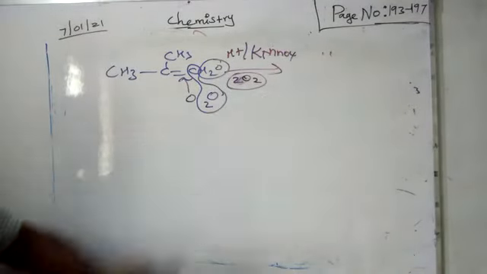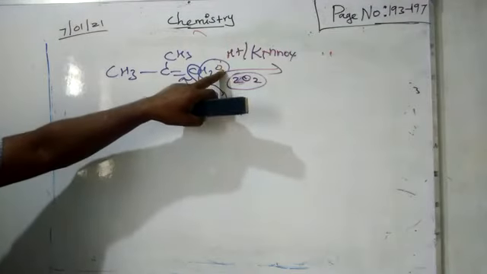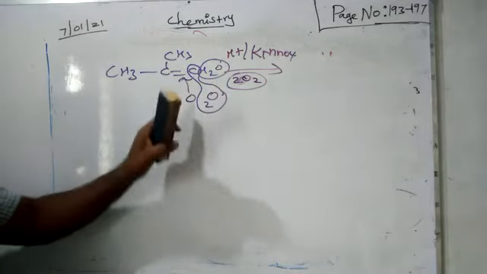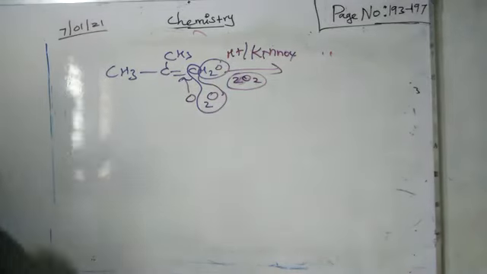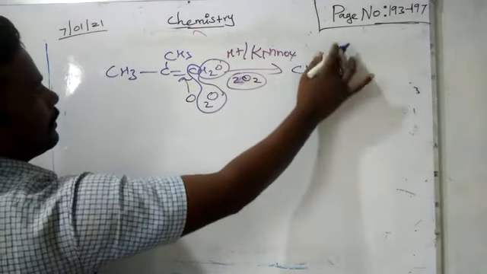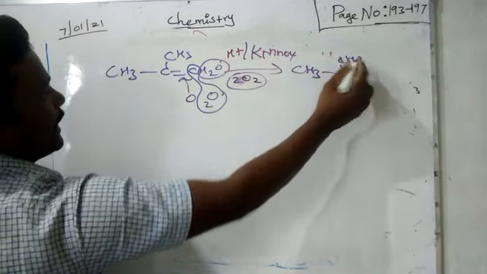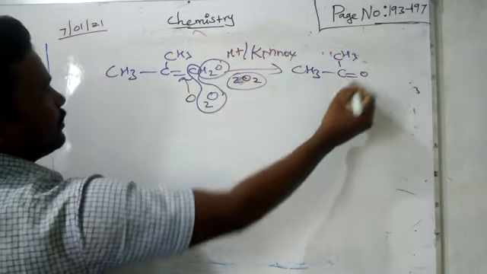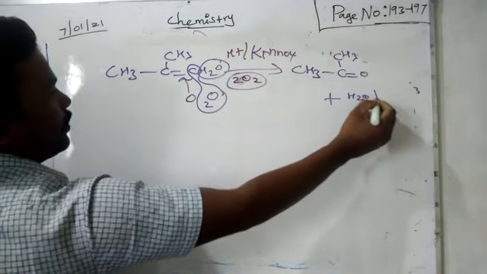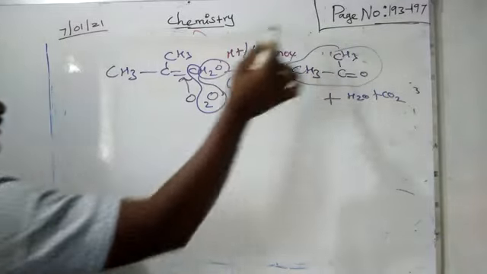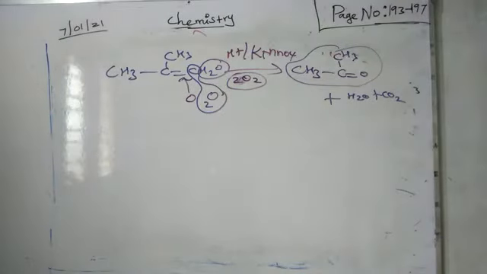So totally we have 4 oxygen: 1 goes with hydrogen as water, 2 oxygen with carbon as carbon dioxide, and the remaining 1 oxygen we add at the double bond. Now we get the ketone product, CH3 C=O plus H2O plus CO2. So I told you with acidified potassium permanganate it produces a ketone compound.